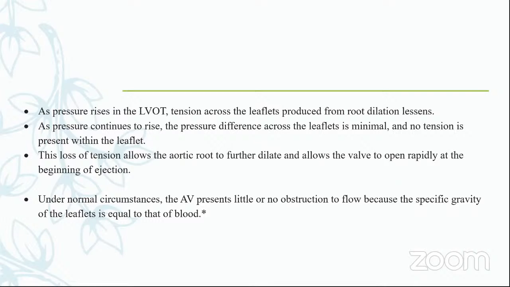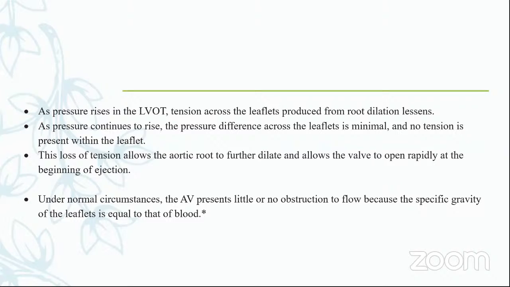Then as pressure continues to rise, the tension in the leaflet will decrease further. At the end, there will be no tension within the leaflet. So this loss of tension allows the aortic root to further dilate, and this will allow the valve to open rapidly at the beginning of the ejection.